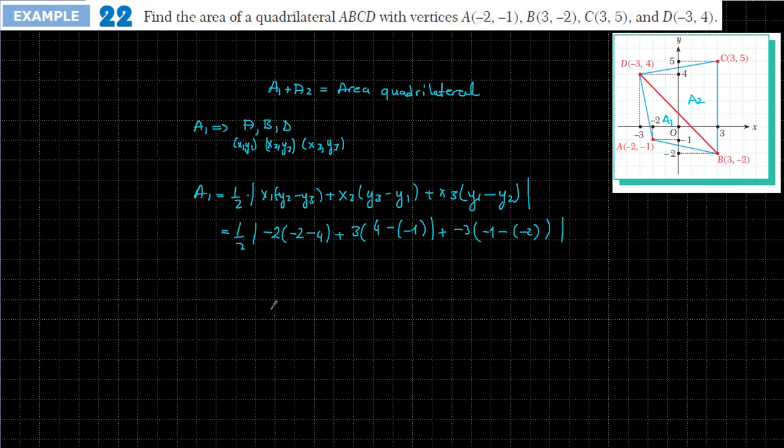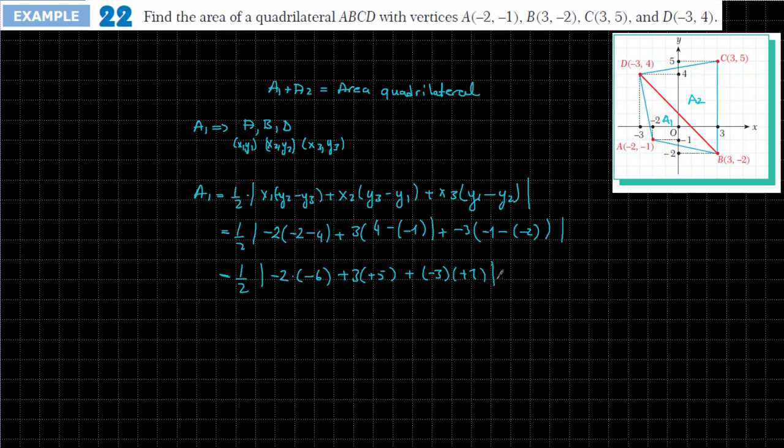When we close the absolute value, this is the answer. It's going to be 1 over 2 times absolute value minus 2 times minus 6 plus 3 times 5, plus minus 3 times minus 1 plus 2, it's equal to plus 1.